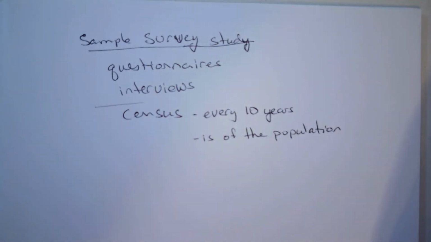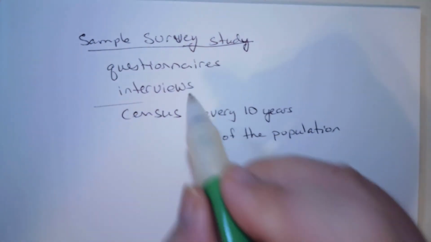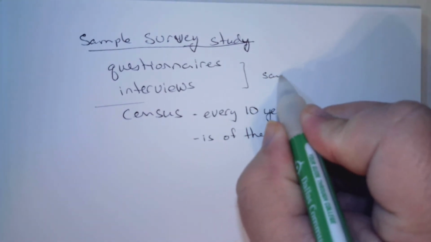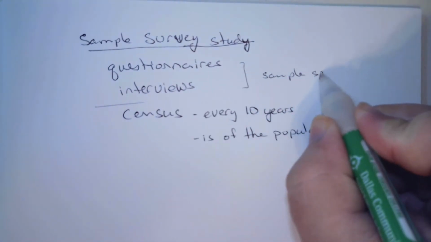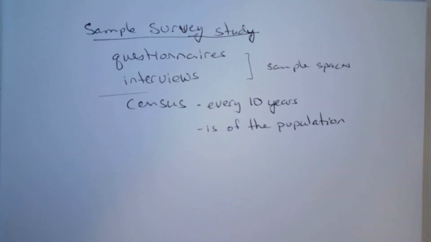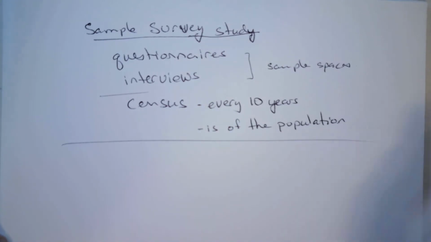The more populated areas need more government help, so that's what they need to know. Every 10 years, that's what they do. Questionnaires and interviews are over sample spaces. If you do a questionnaire, you can't questionnaire the entire United States or entire world. So you do something smaller and try to guesstimate what the population would say.